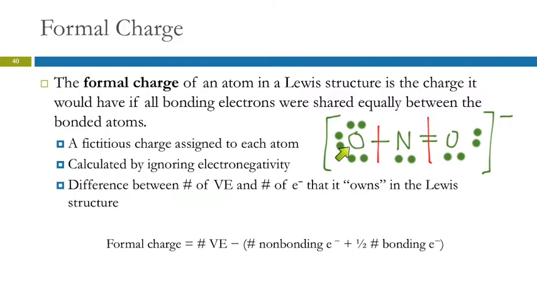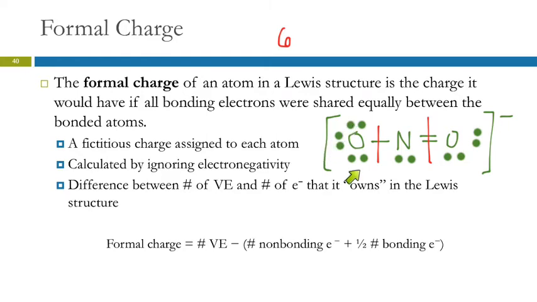So to count the formal charge for this oxygen, what I'm going to do is think about, well, how many valence electrons does oxygen have when it's by itself? How many did it bring into the corporation? 6. Right? So oxygen as an atom had 6. It came into the corporation, and now when it's leaving, how many does it take with it? 7.